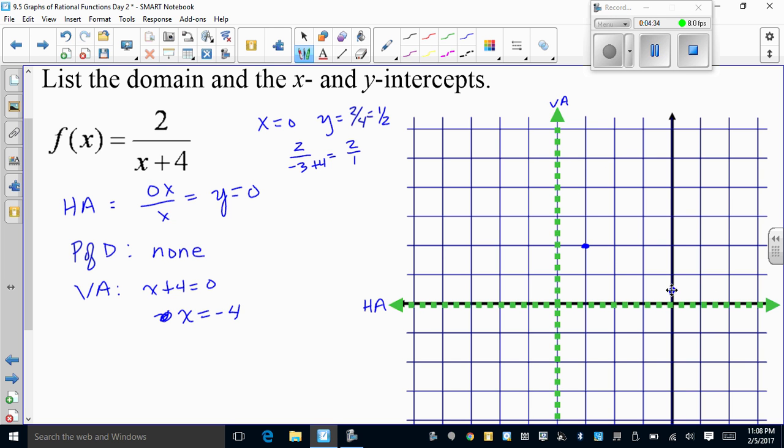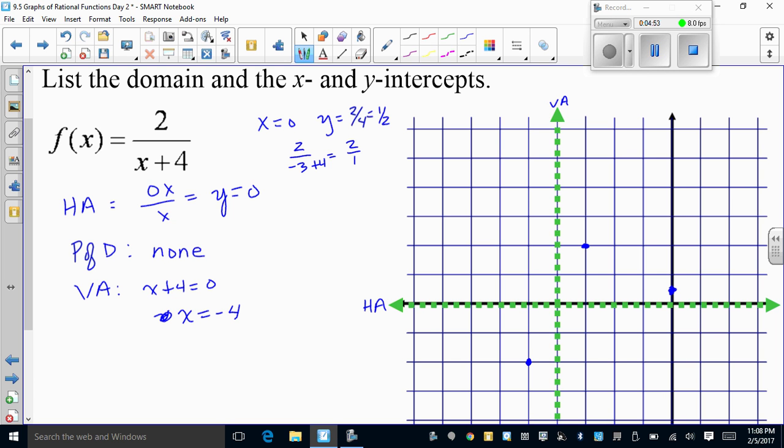Now here's something I want to show. These things have symmetry about where the vertical and horizontal asymptotes cross. So to get to the other point, go backwards, down 2, over 1.